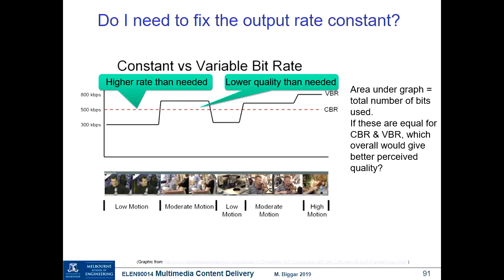On the other hand, during this higher motion segment, the VBR is trying to maintain constant quality, more or less, and the bit rate is increasing to allow that, but in the case of the CBR, we're throttling back on the quality. We have to make sure that our buffer doesn't overflow, and so our Q control is making the quantization more coarse and dropping the quality a little lower.